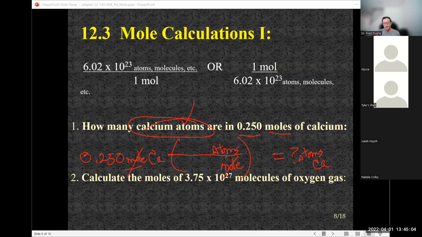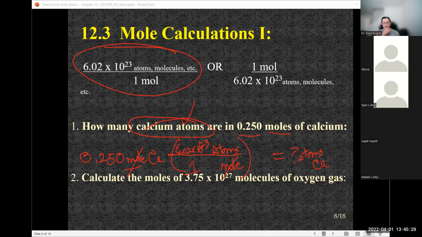And then I look for a conversion factor that has the units atoms over mole. And guess what? Right there. Atoms or molecules or bananas or oranges or whatever you want it to be is right there. So it's 6.02 times 10 to the 23rd over 1.